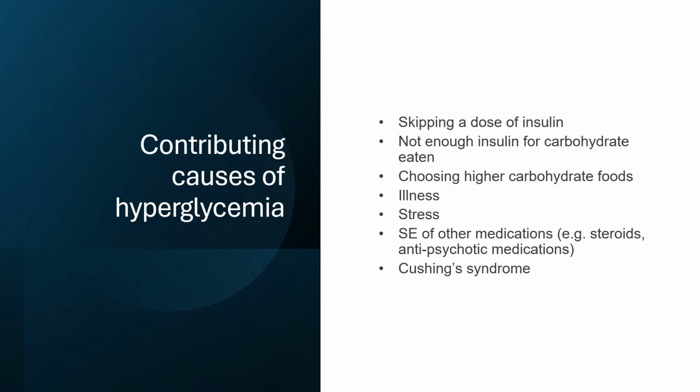They could be prescribed other medications such as steroids or antipsychotic medications, which have an impact on glucose levels because they increase insulin resistance, which means the amount of insulin they give normally is now meeting resistance and won't finish the job of bringing the glucose into the cell to feed the cell and leaving it in the bloodstream now. Cushing's syndrome is a disease where there is extra cortisol released in the system, so same premise. All of these things, apart from food or diet or activity, can cause the glucose levels to go up.